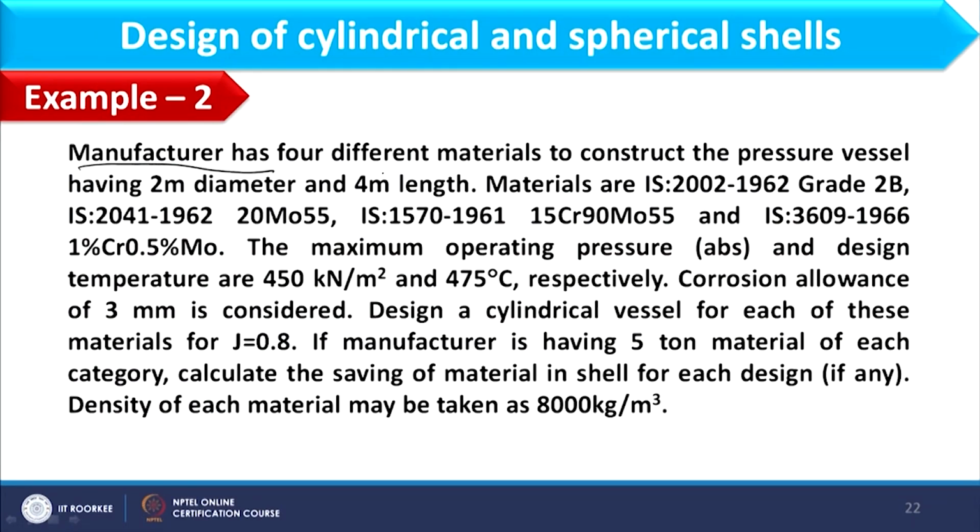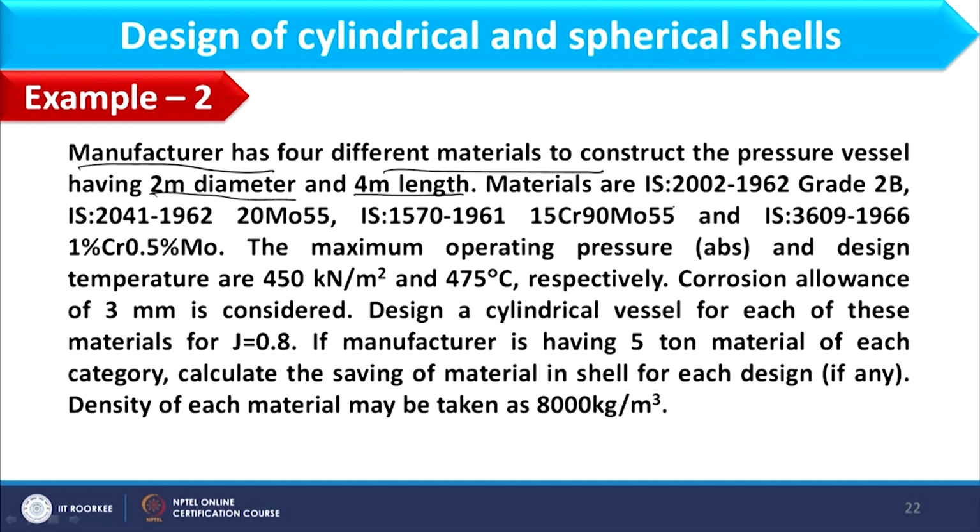Further we will discuss example 2 for better understanding, and in this example the manufacturer has 4 different materials to construct the pressure vessel having 2 meter diameter and 4 meter length. As diameter and length are defined, we can consider this as a cylindrical shell.